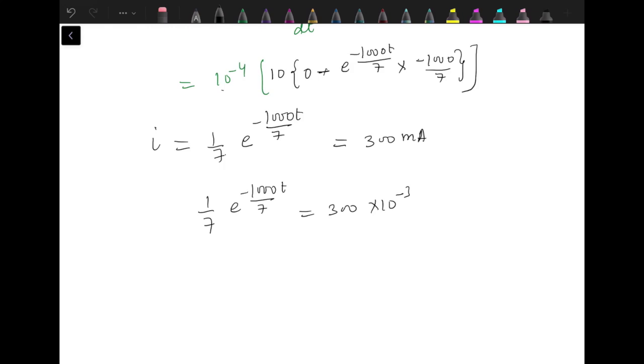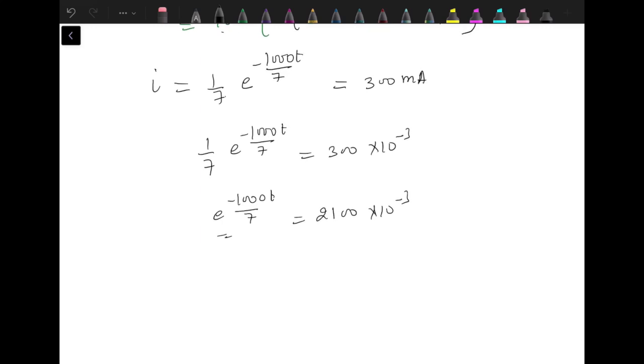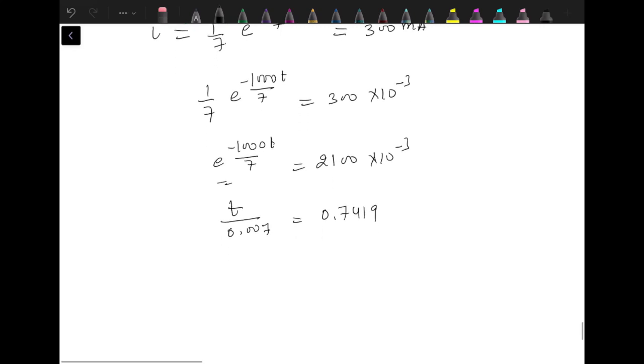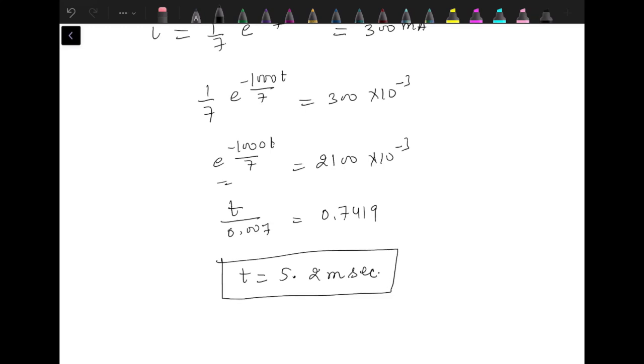We can find it by taking the natural log on this side, which will give us the value of t by 0.007 as 0.7419, and the time required for the current to reach 300 milliampere through the capacitor and 500 milliamperes from the source is 5.2 milliseconds.